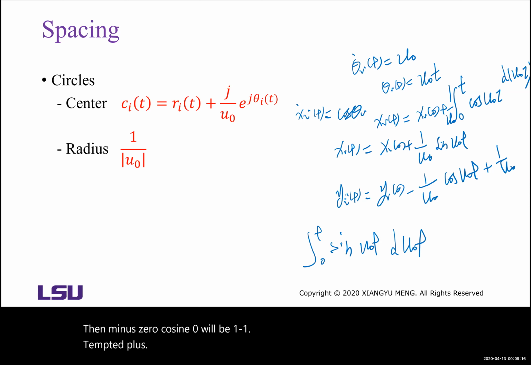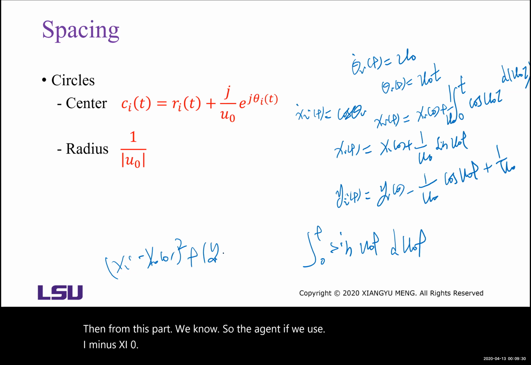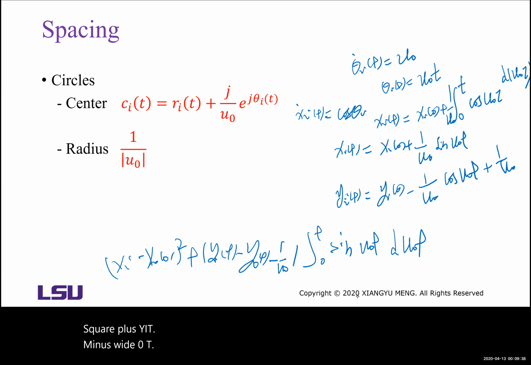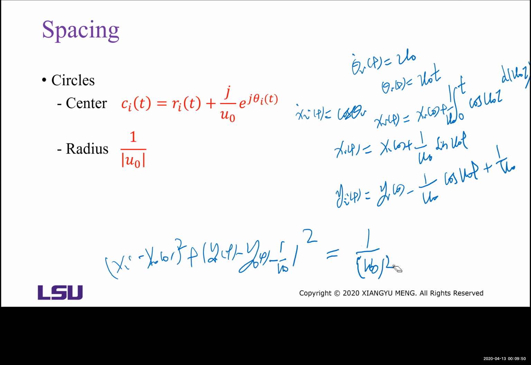From this part we know that xi(t) minus xi(0) squared plus yi(t) minus yi(0) squared equals 1 over u0 squared.